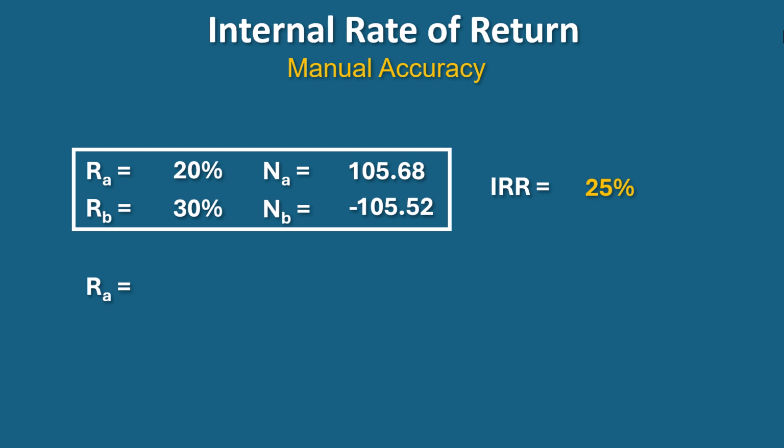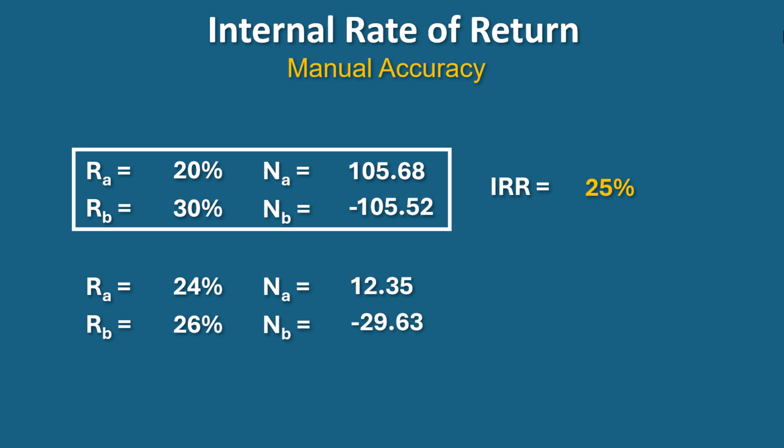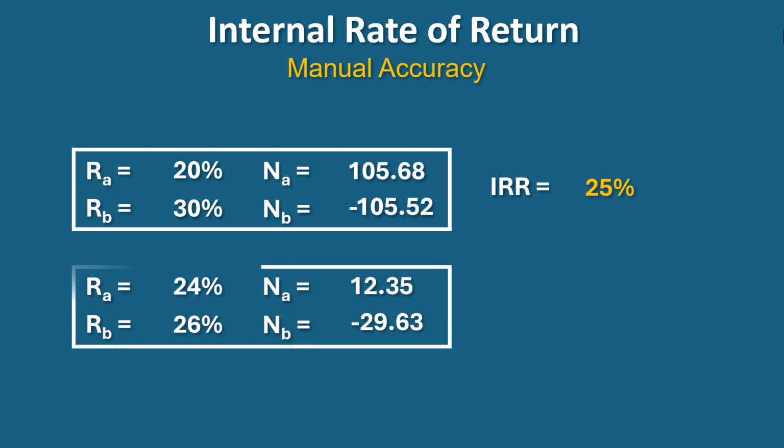For example, if we use 24% and 26%, at 24% discount rate, NPV is approximately $12.35. At 26% discount rate, NPV is approximately minus $29.63. Then, applying the same interpolation formula, we get IRR approximately 24.59%.